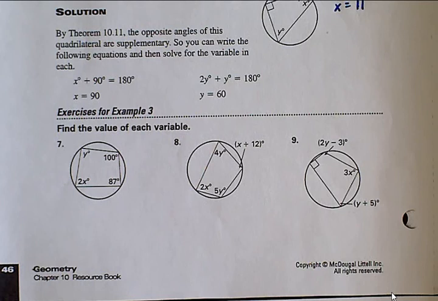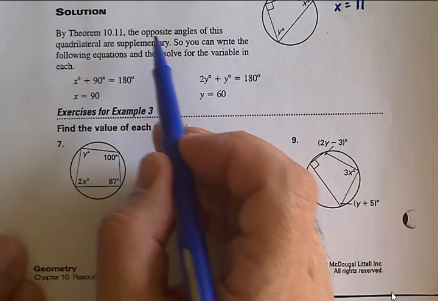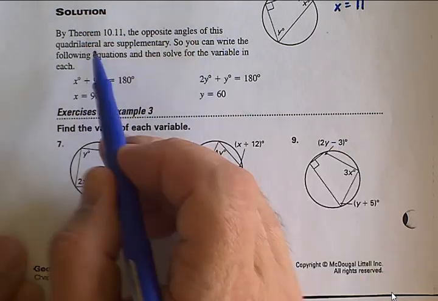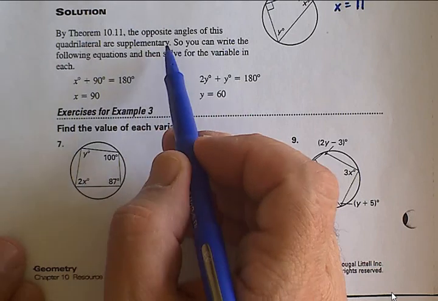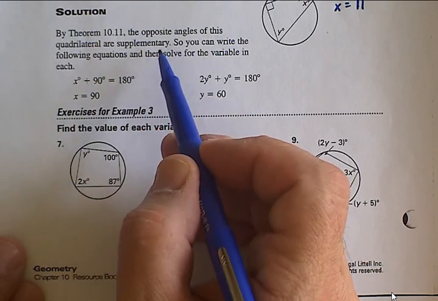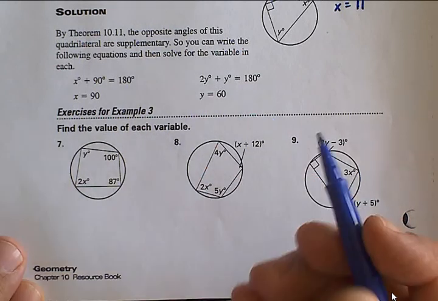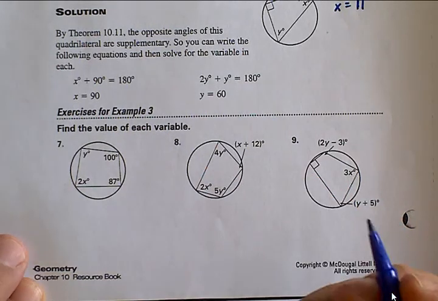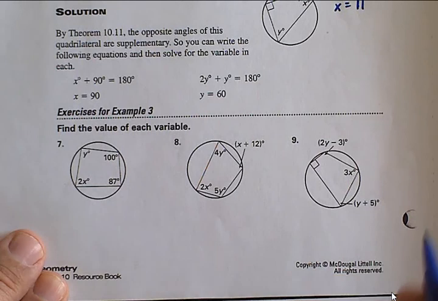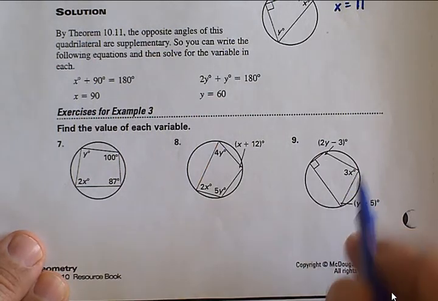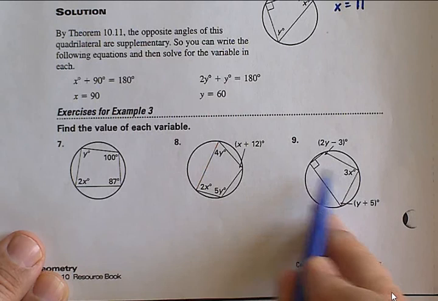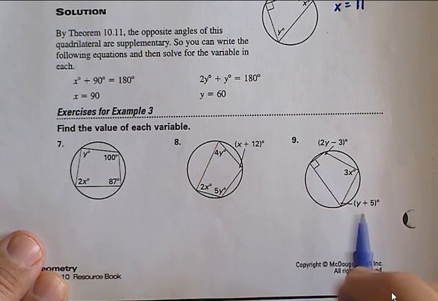The idea, I think even probably better, is, as it says up here, the opposite angles of an inscribed quadrilateral have to be supplementary. So that's what they did in this example: they took the opposite angles and set them equal to 180. On number 9, one pair of opposite angles is this 3x and this 90.